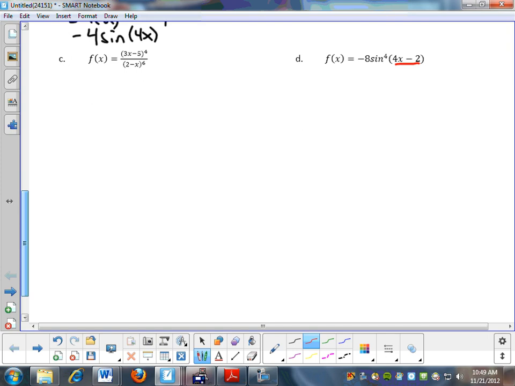That is one of the pulleys. I have another one. I have sine of something. Then I have this, negative 8 to the u to the fourth piece.